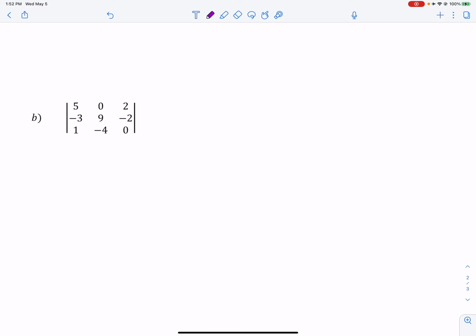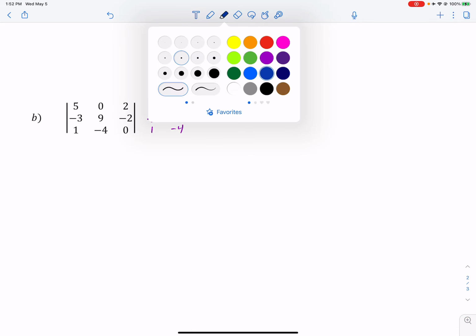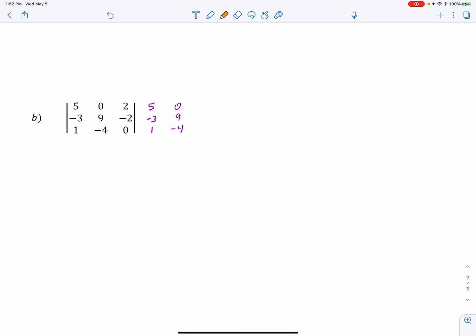Start by copying the first 2 columns. Then we have the product of the down diagonals. We have 5 times 9 times 0, which is going to be 0.